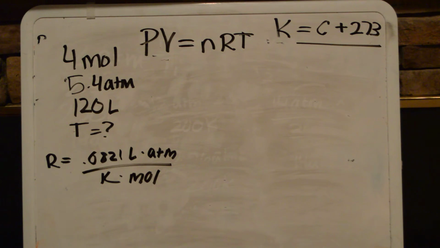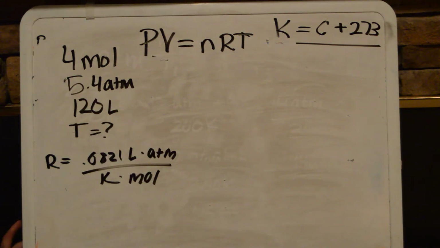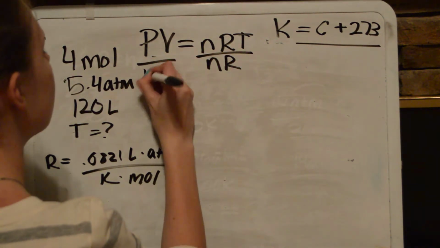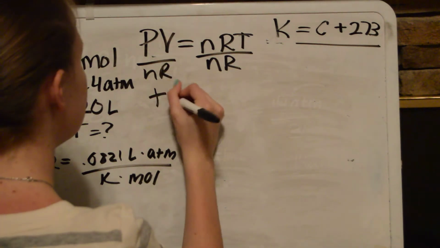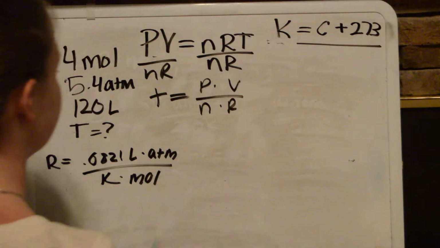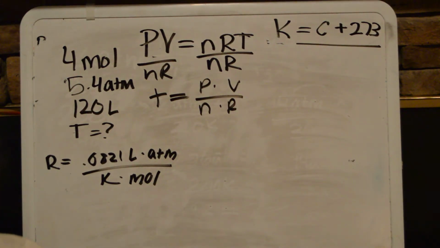So I'm just going to write that up there. Now let's go. For this equation, it's a lot easier when you solve for what you're looking for. So we're going to divide both sides by n and R. That becomes T equals P times V divided by n times R.